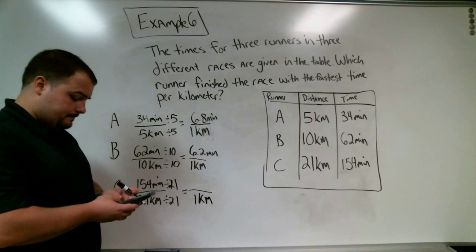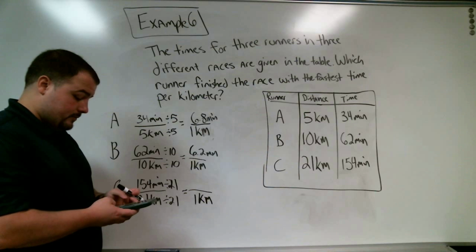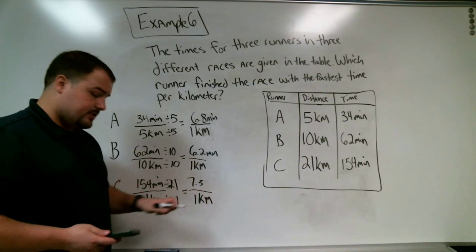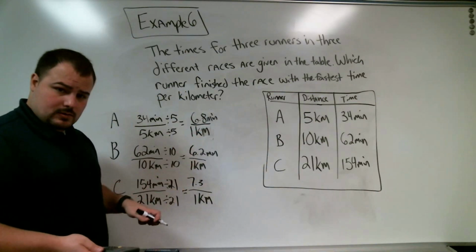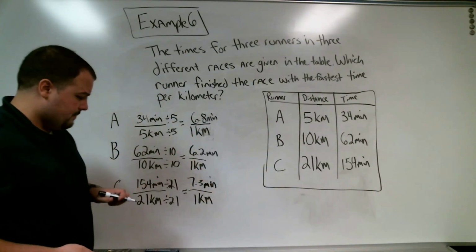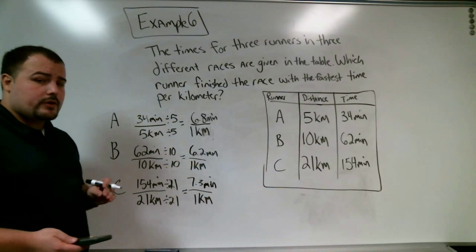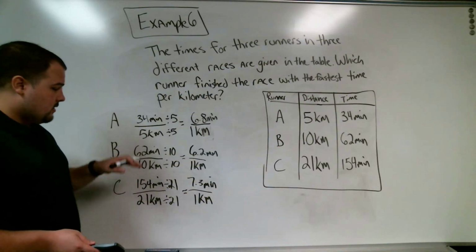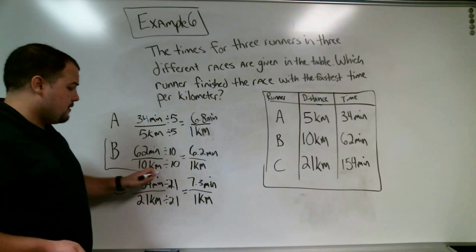And 154 divided by 21 gives me 7.3, and that 3 is repeating. I'm just going to stop at the 3 because all the other ones went 1 decimal place. So 7.3 minutes. Looking at all these, the one that's fastest is the one that has the smallest amount of time. So the runner that's running the fastest is actually runner B.